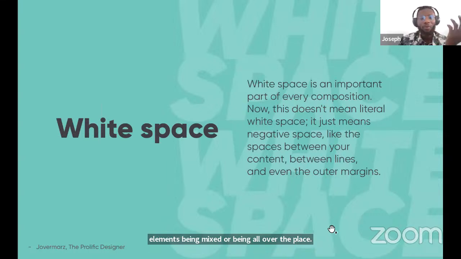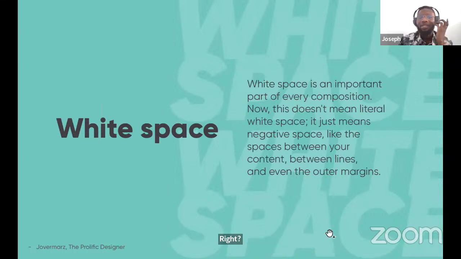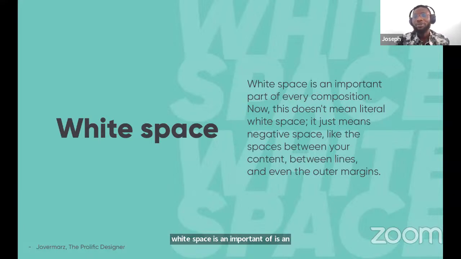Now, white space, one of my favorite principles in design, is an important part of every composition. And I also said it doesn't have to be white, that it is an effectively empty space.